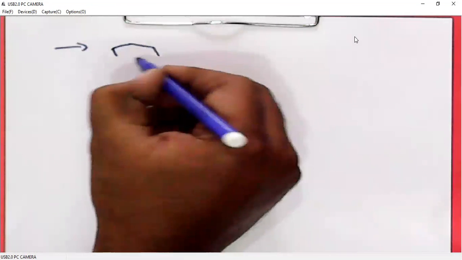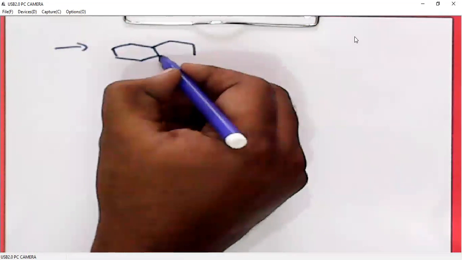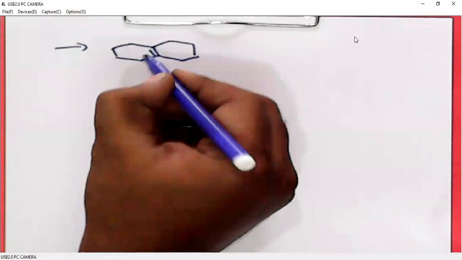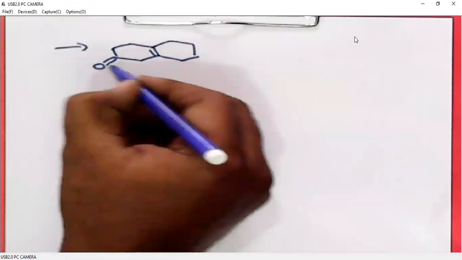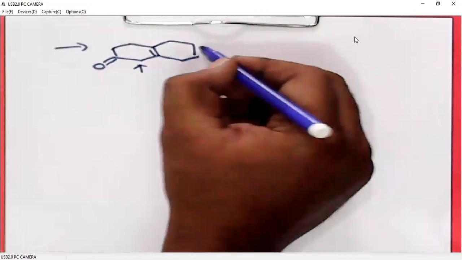Take these problems. I'll indicate the allylic hydrogen. You try to give the product.